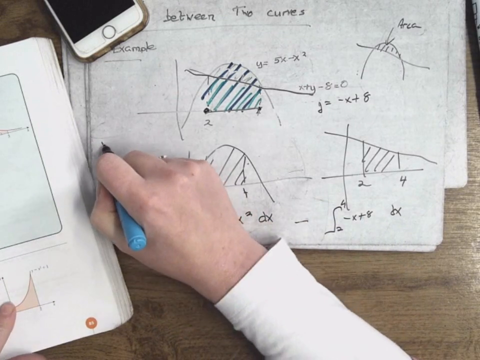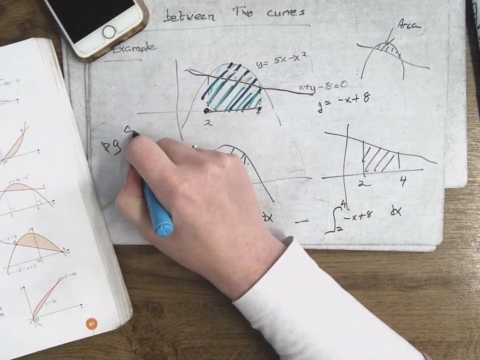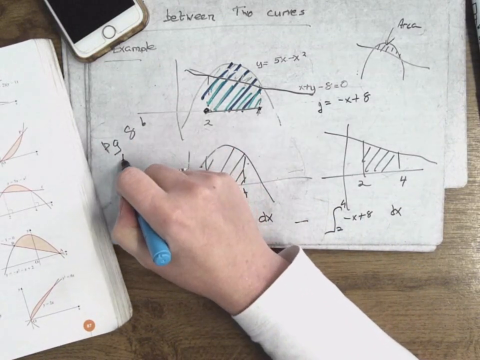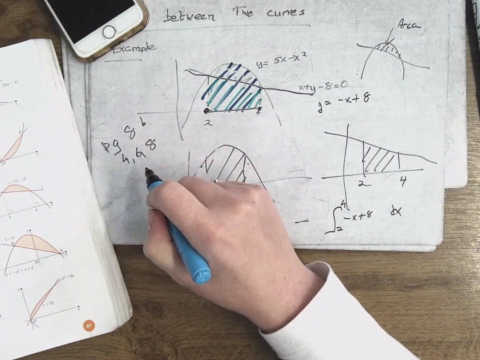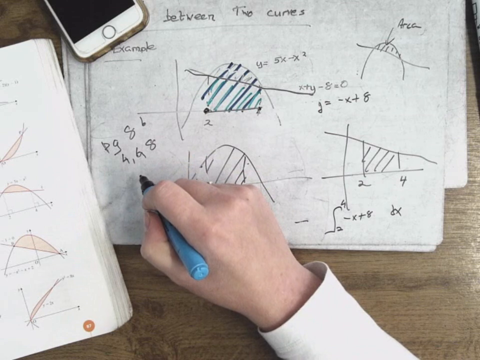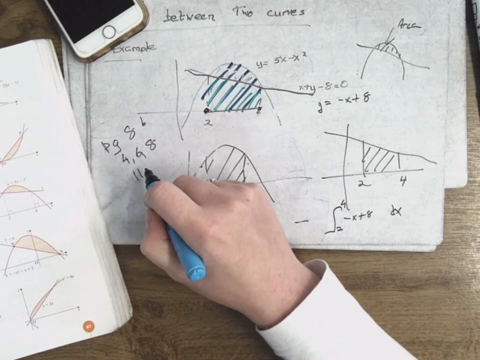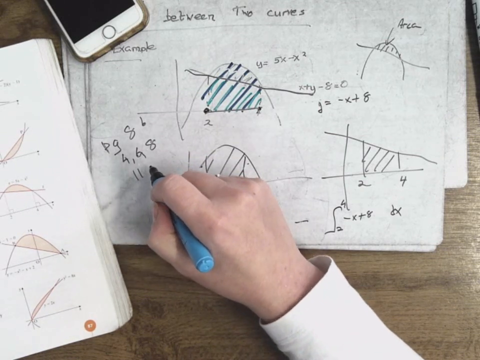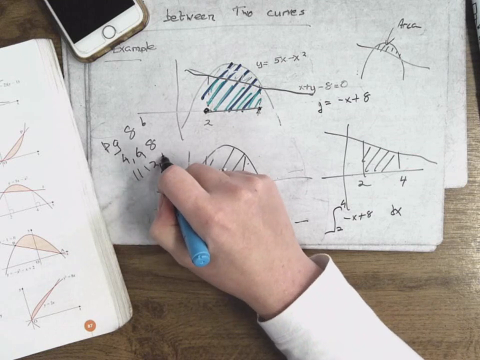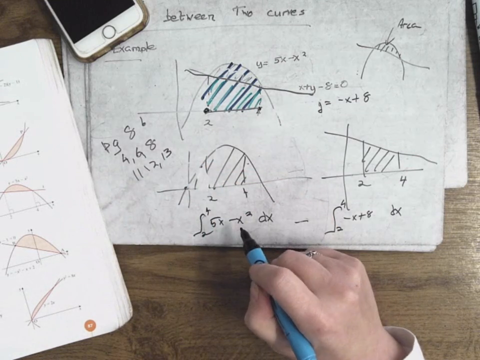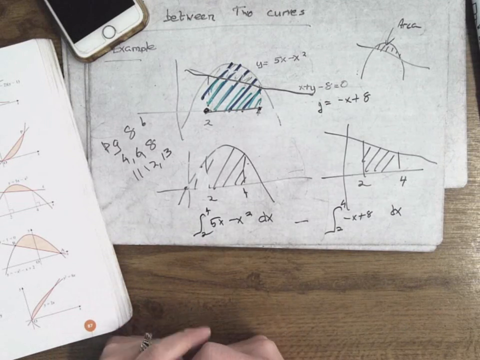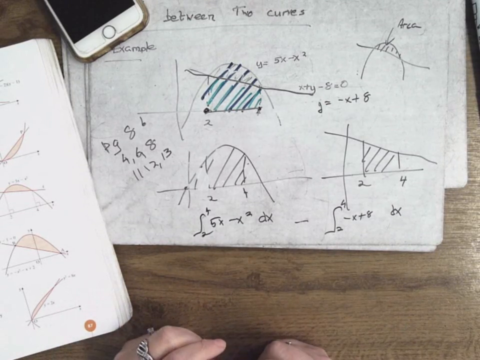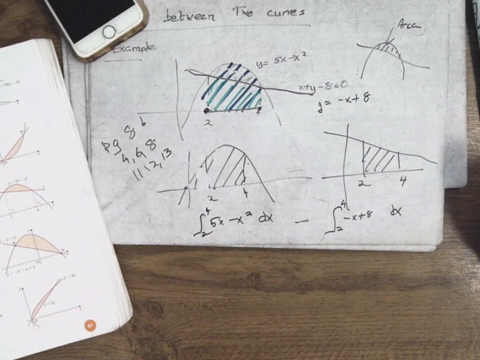So if I go page 86, let's do 4, 6, 8, 11, 12 and 13. So 4, 6, 8, 11, 12, 13.